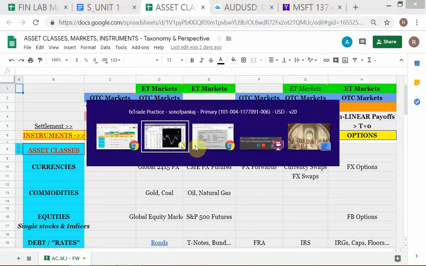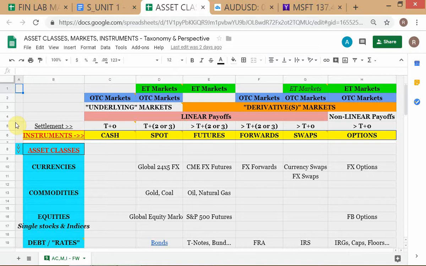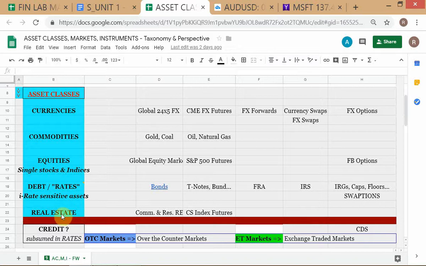So for instance, when you look at the gold market, as I told you, this is an OTC spot gold market, the international market for gold. Where would you put this here in the framework? Is gold a currency? It's a commodity, right? It's not equity, it's not debt, it's not real estate.